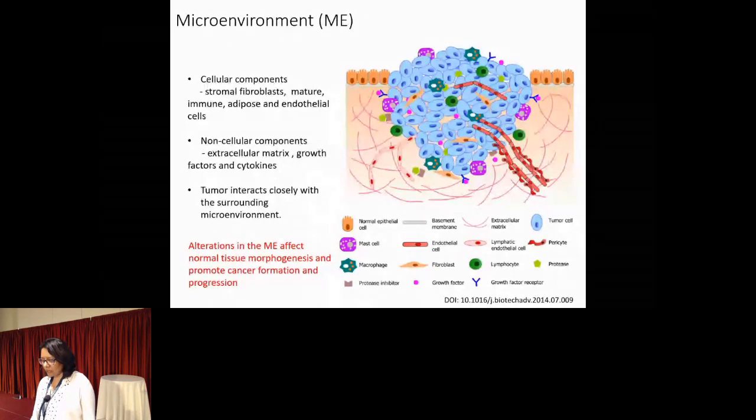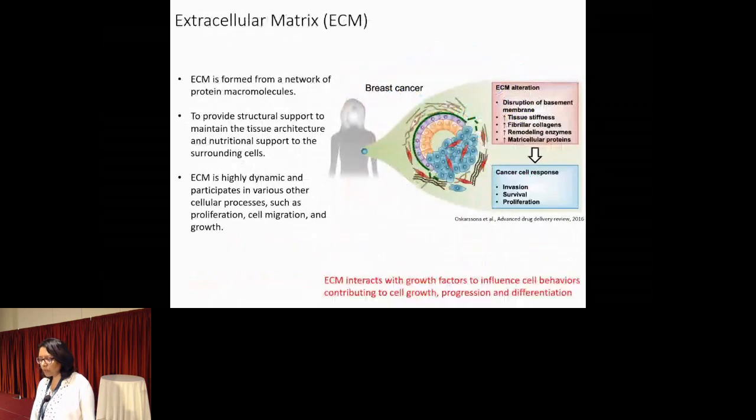The extracellular matrix component plays a very important role, constituting up to 60% of the tumor mass. It can be viewed as a network of interactions of proteins and macromolecules that participate in various cellular processes such as proliferation, cell migration, and growth.